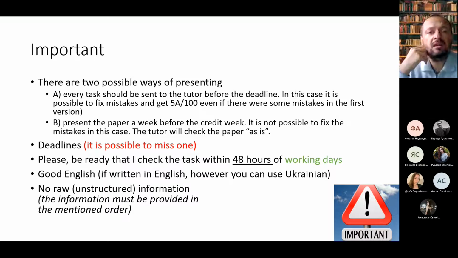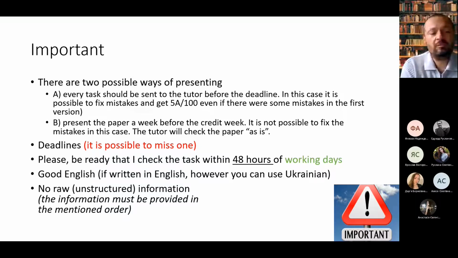So, how does it work? You send me the paper, and if everything is correct, I set the maximum points for this very task, and I will explain the point system a little bit later. And if there are some mistakes, I will ask you to add some information or maybe to change some information.